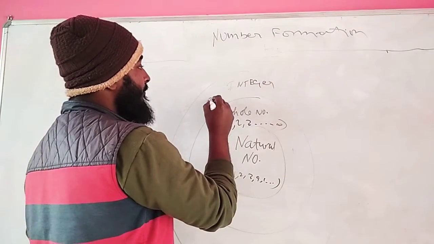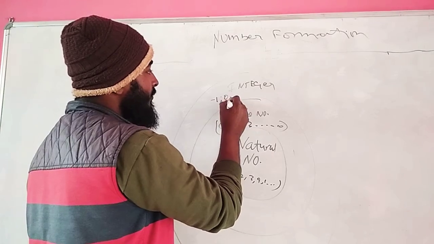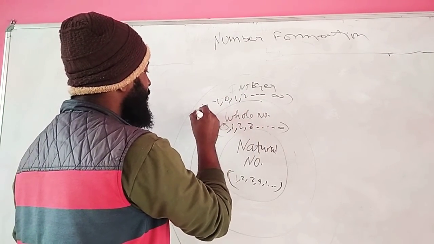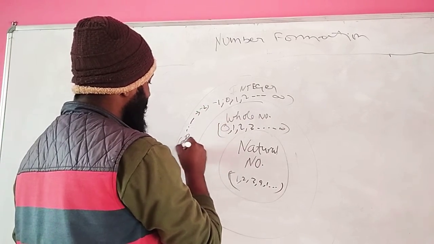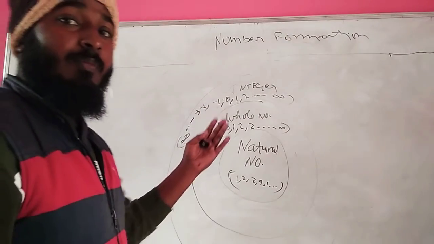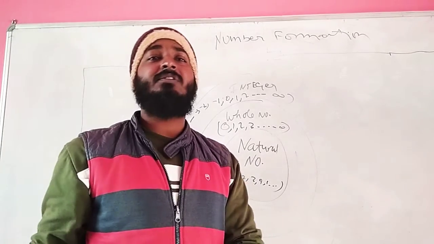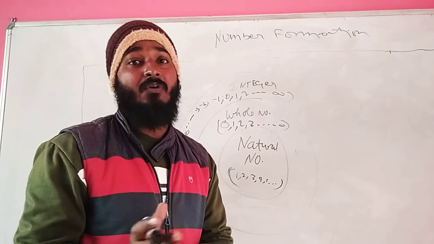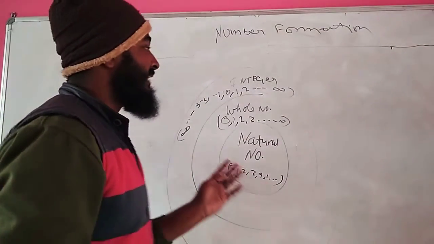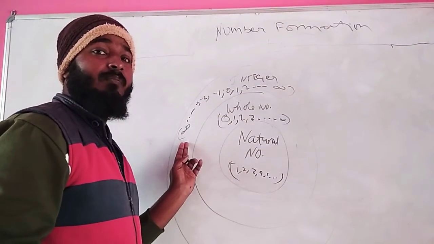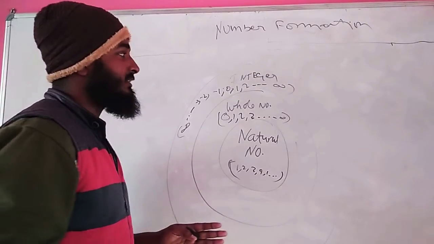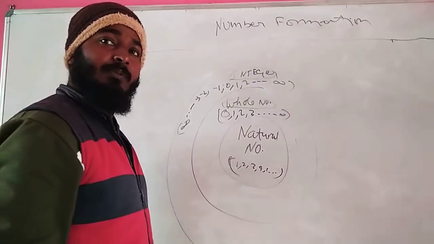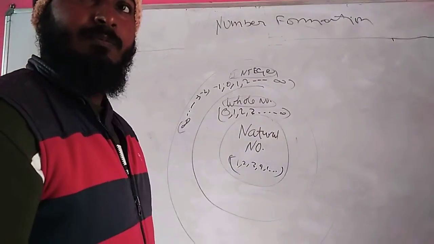Integers are -1, 0, 1, 2 up to infinity, and here -2, -3 up to infinity. So the numbers go from -infinity to +infinity. We cannot assign a sign to infinity, because it is not defined. So there are infinite numbers in integers. Now the whole number is from 0 to infinity. Done.